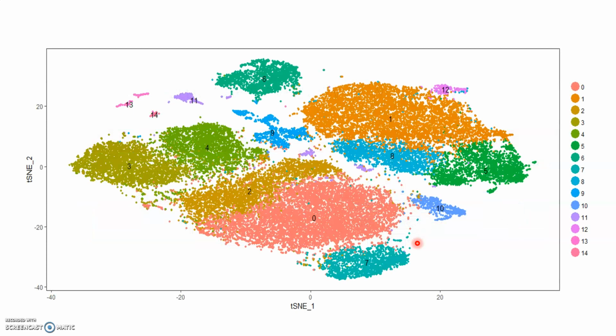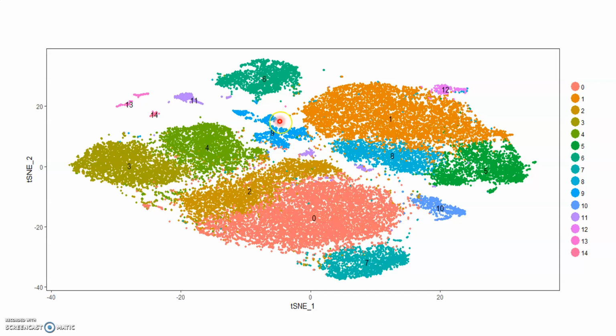Here is a very common deliverable of these single cell experiments. What we have here is what's called a t-SNE plot. What I want you to understand about this is that each dot that we see here is indicative of one of those cells where we looked at the gene expression.